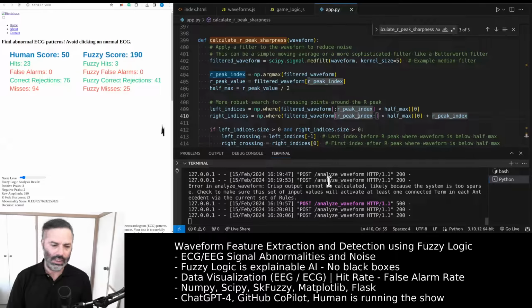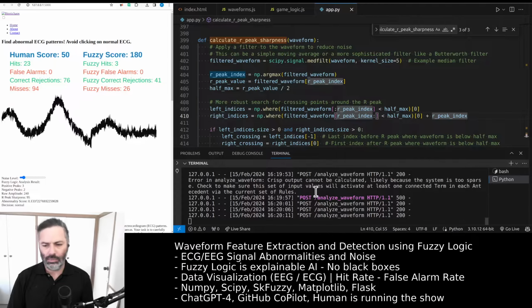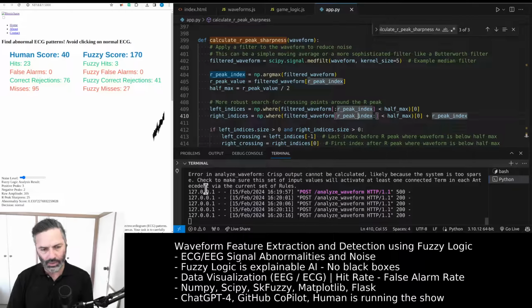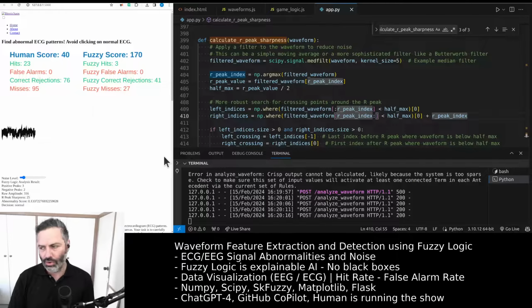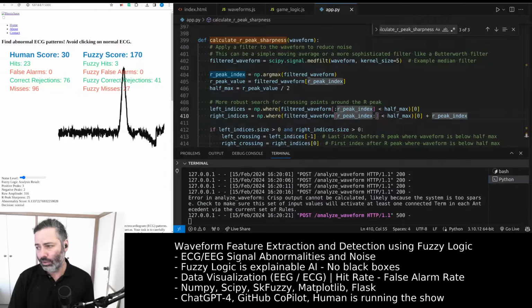And instead of doing a general textbook example, we actually apply it onto this synthetic data, onto this ECG scoring game that we already have running.